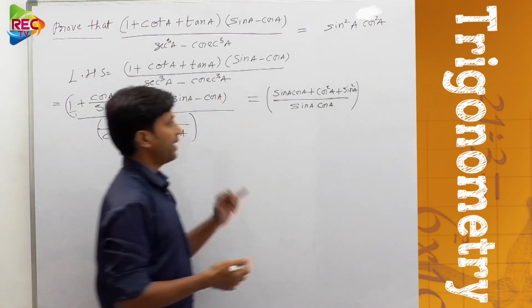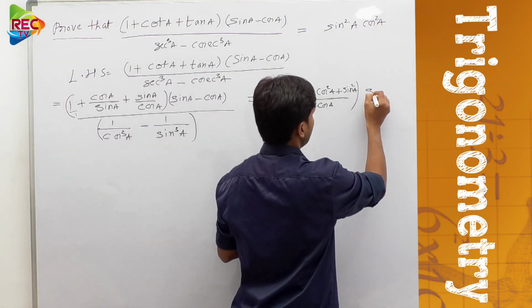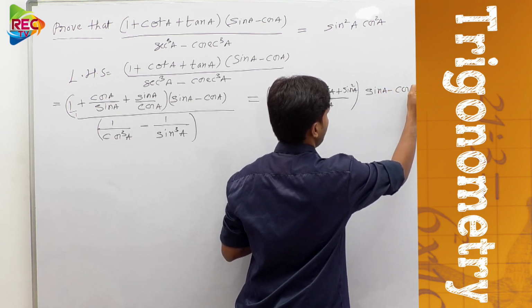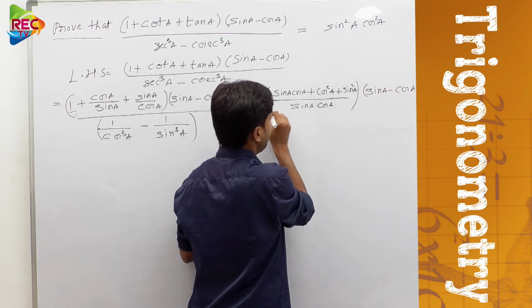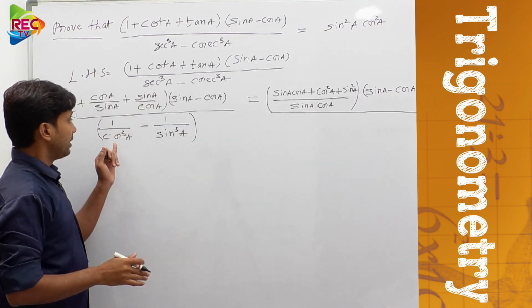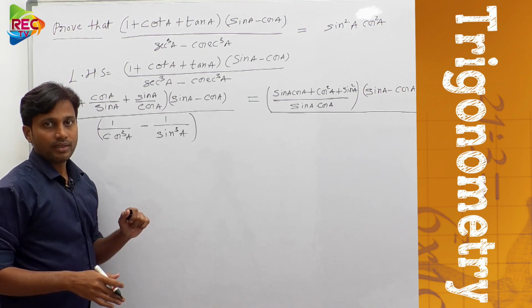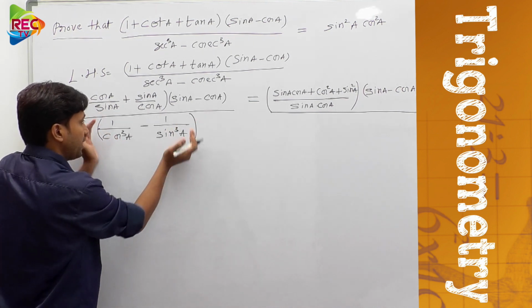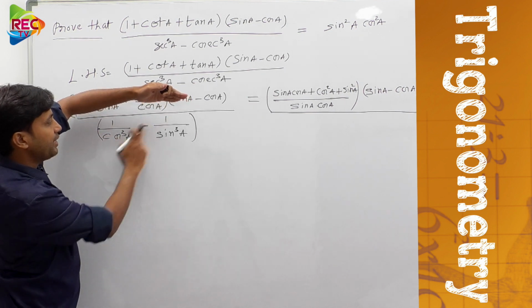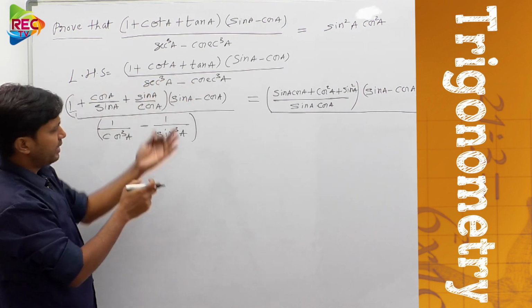Now, coming to the second bracket, write it as it is, sin A minus cos A, divided by. Now, we need to solve the denominator part. These are also fractions, so in the denominator, again we take the LCM.